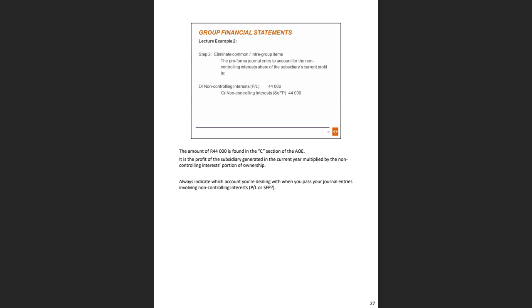Here we have our pro forma journal entries relating to non-controlling interest share of the current year profits of S. So in the current year, S had a profit of 220,000 before the dividend was declared. 80% of this belongs to P, but 20% belongs to the non-controlling interest. So we now need to allocate the non-controlling interest portion to the NCI.